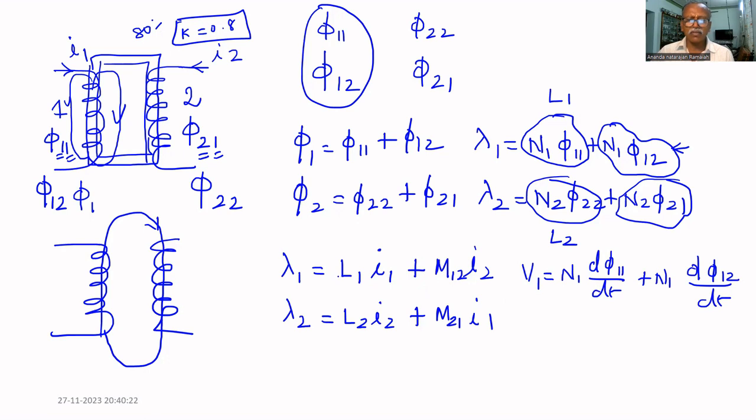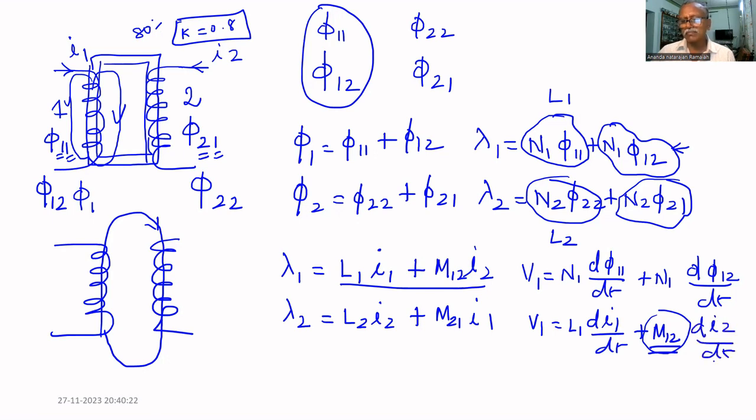If you differentiate this, V1 is also equal to L1 di1 by dt plus M12 di2 by dt. M is mutual inductance. This term is because of flux from the first coil, and this one is because of flux from the second coil.